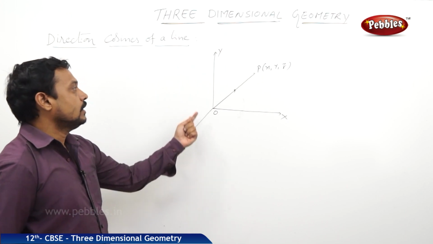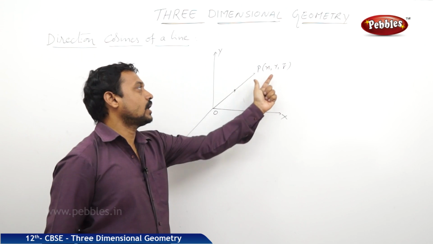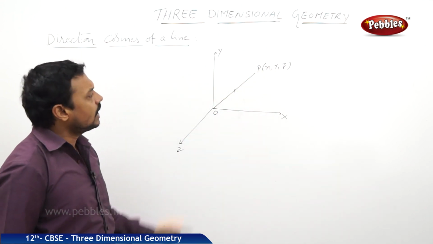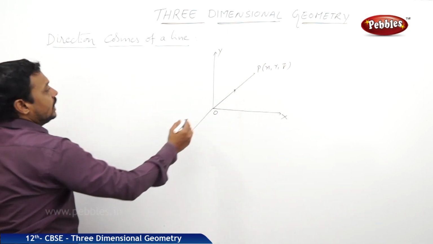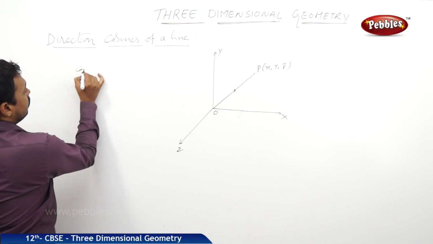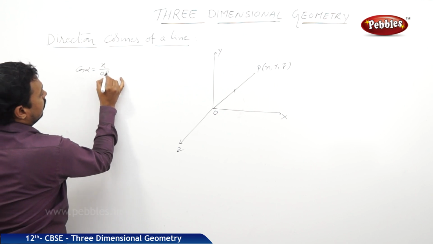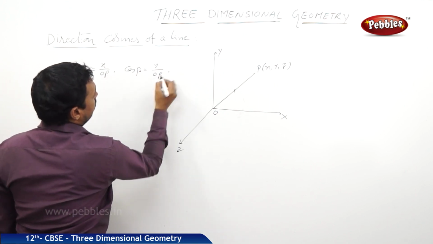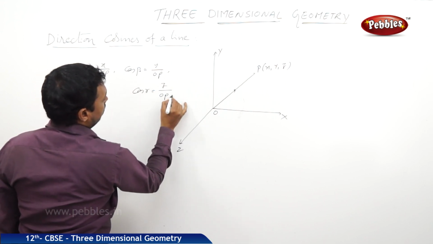Now, in three-dimensional geometry, P is a point whose coordinates are x, y, z, and OP is a ray or a line which passes through P. Here the direction cosines of the line are cos alpha equal to x by OP, cos beta equal to y by OP, and cos gamma equal to z by OP.